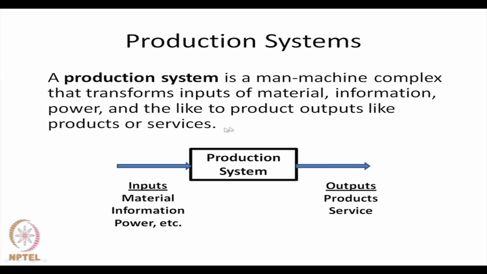Now, normally we use a term, production system. Basically, it is a man-machine complex that transforms input of material, information, power, and produces outputs such as products or services.